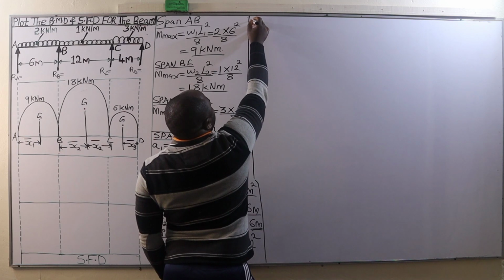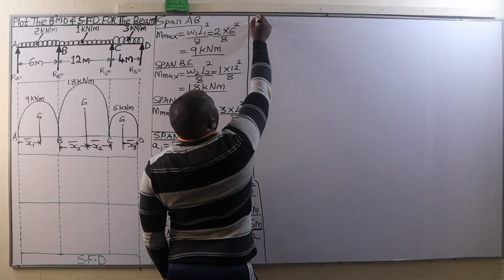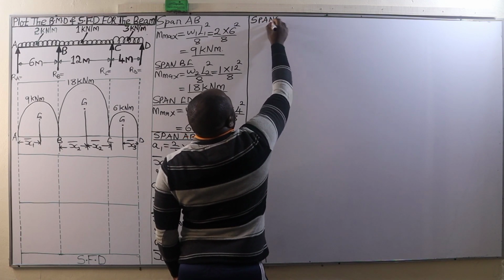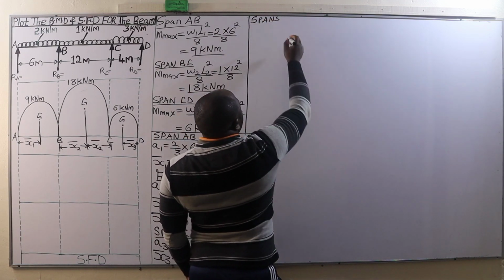Very good. So after that, we are going to apply the three-moment theorem, or Clapeyron's equation of three moments. We are going to begin with the spans AB and BC.